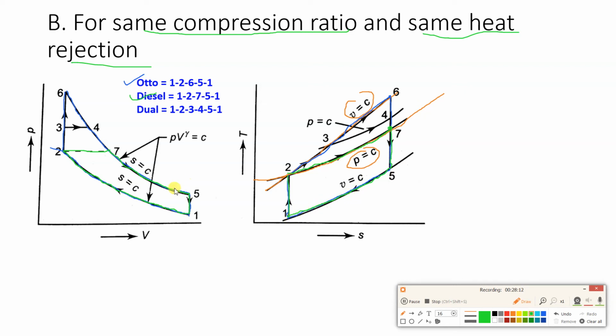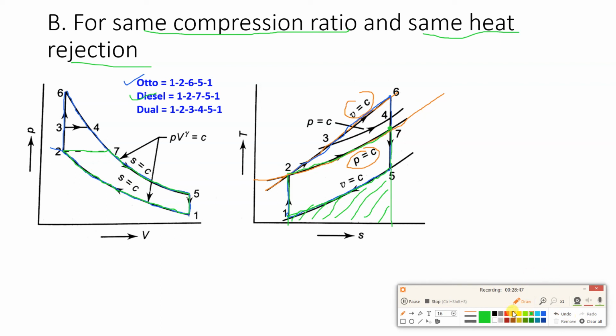Here you can see 5 to 1 is same for Otto cycle as well as diesel cycle. So basically same heat rejection means area under this curve 5 to 1, it will be this area. So we are maintaining same heat rejection on TS diagram, and here you can see we are maintaining V1 and V2 same for Otto cycle, diesel cycle, and it will be maintained same for dual cycle as well.